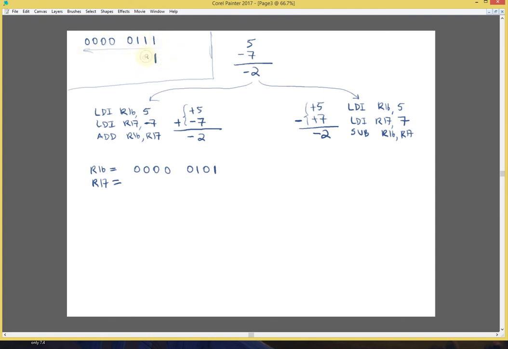So minus 7 will be represented in a register as 1 1 1 1 1 0 0 1. And that makes sense because this tells me that this is negative something, negative 7.